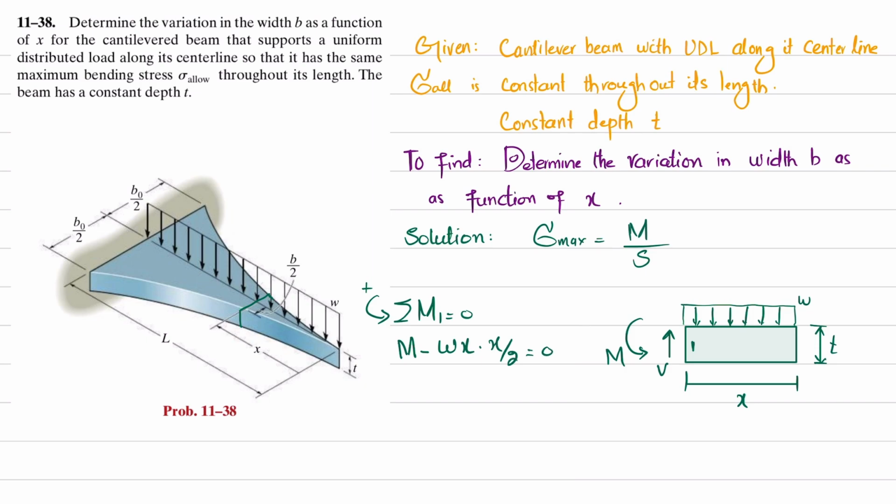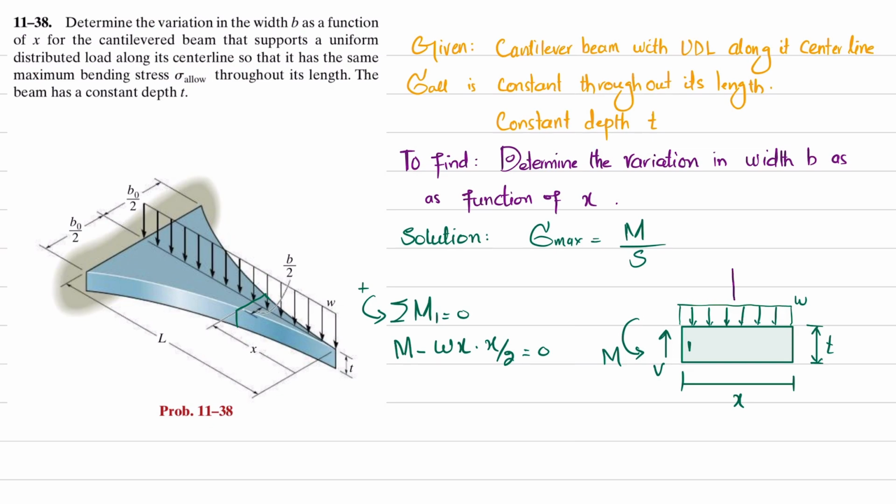The W, when converted into a point load, is W into the total length, which is x, and this distance is x by 2. Now from here you will get the moment equal to Wx square over 2. So this is the moment.